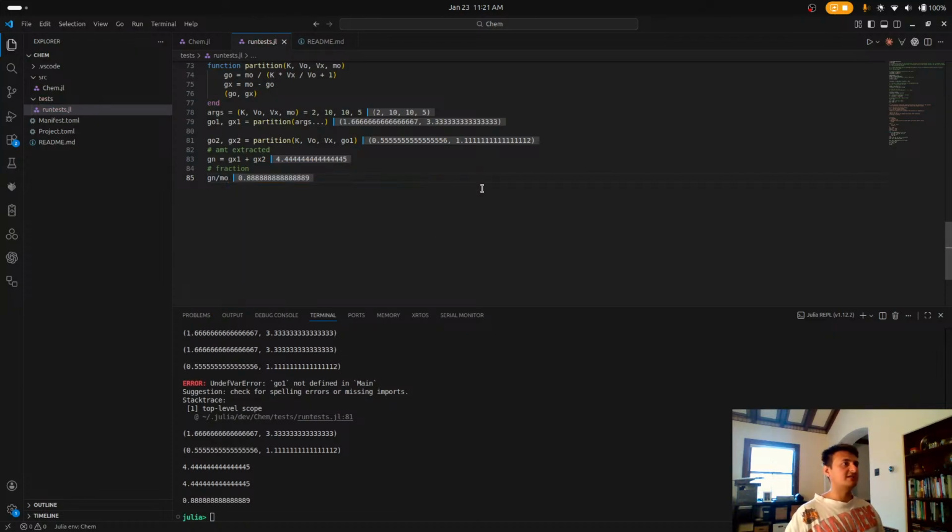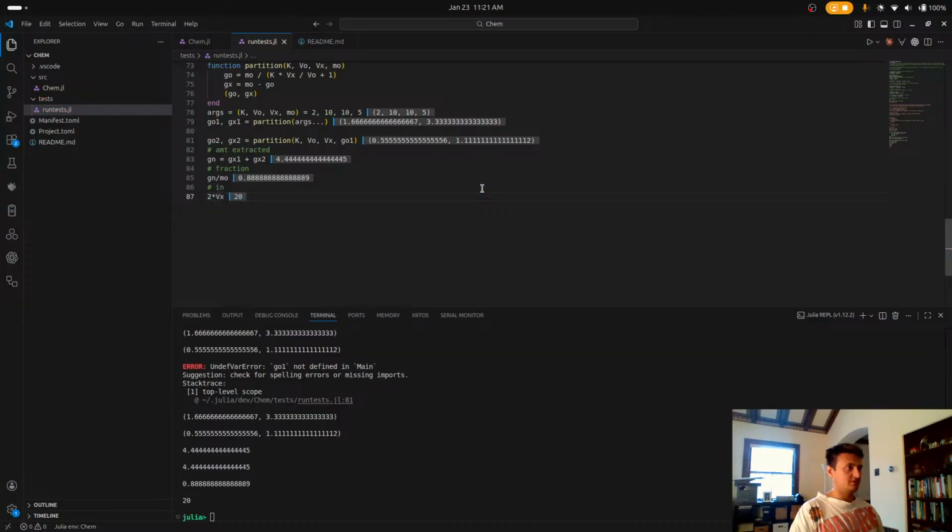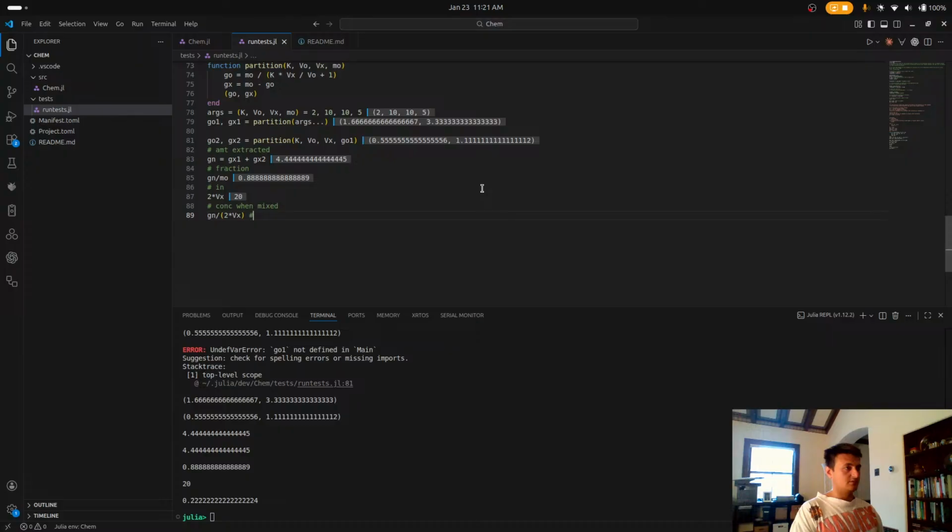so we've extracted it, and so if we combine them, the concentration is going to be GN grams per milliliter, I think.